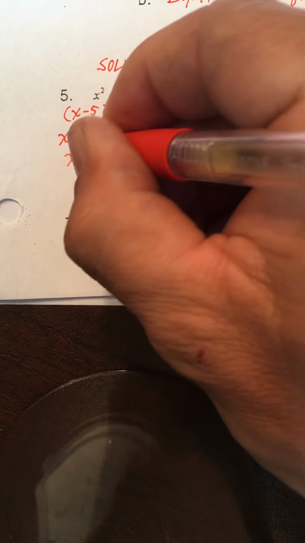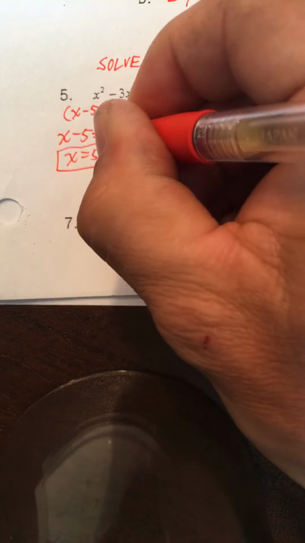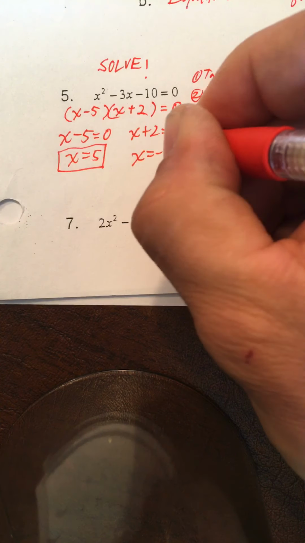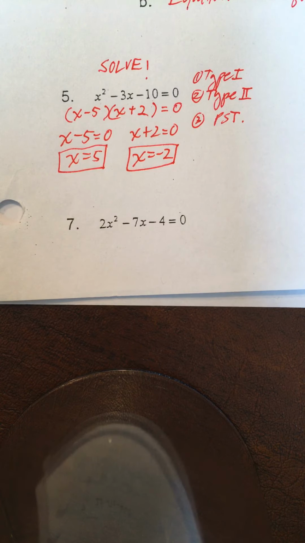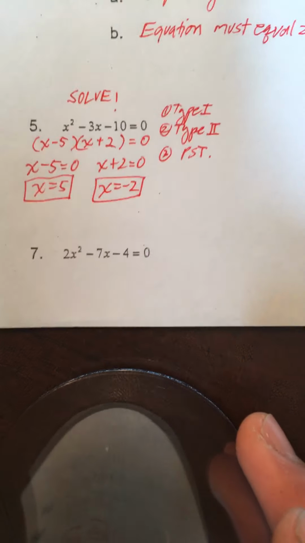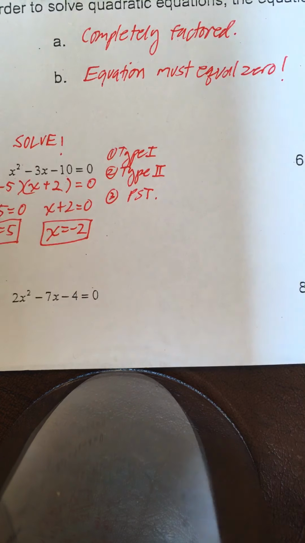I add 5 to both sides. I subtract 2 from both sides. And I've solved our quadratic equation. So these 2 criteria are super important. We're going to check each and every time for those.